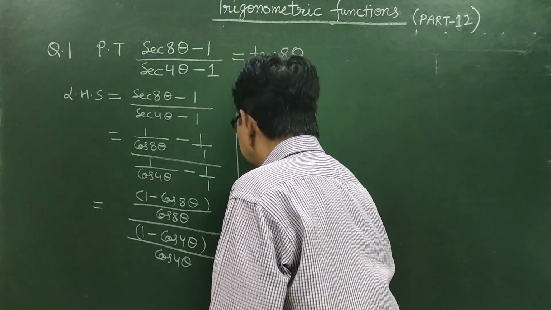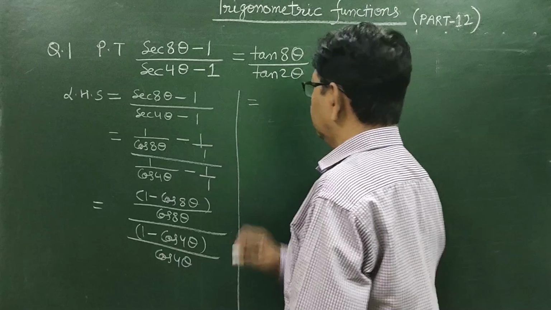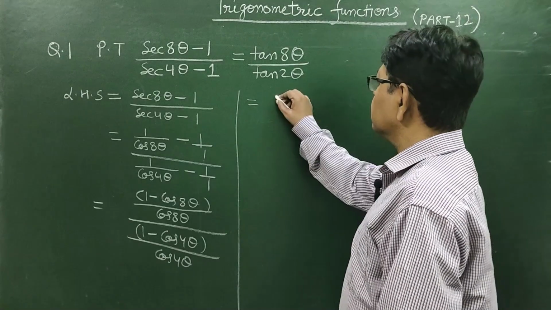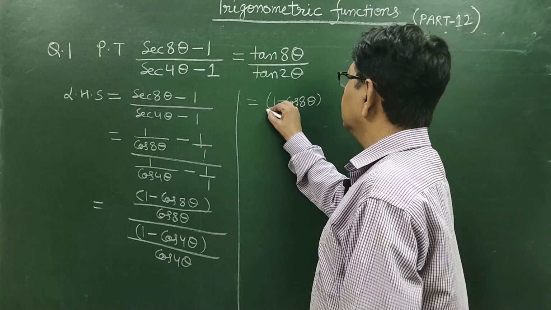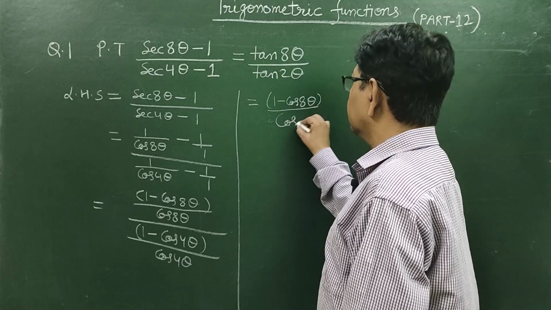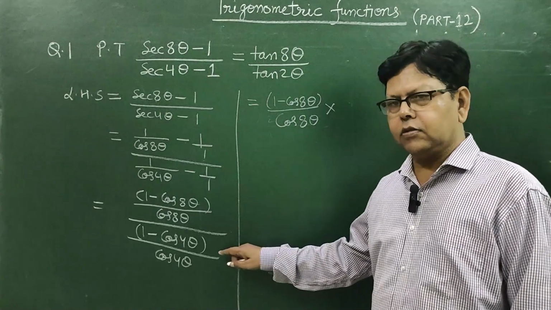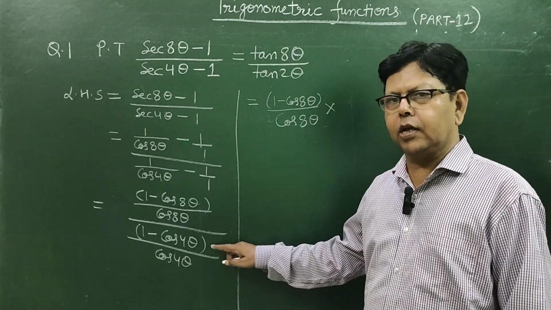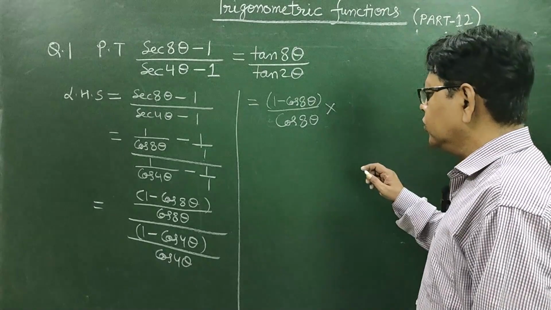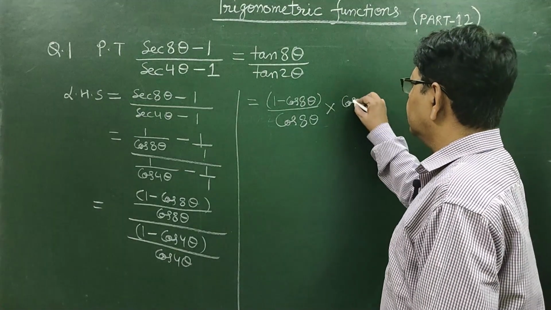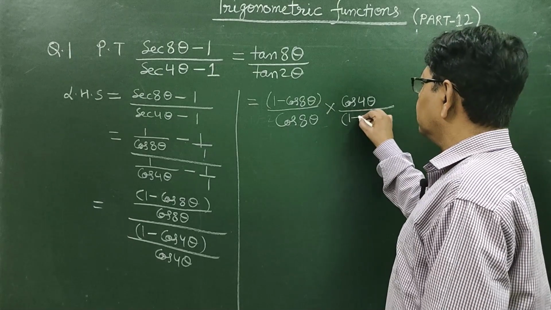Now this is equal to (1 − cos 8θ) upon cos 8θ, and we take the reciprocal of the denominator and multiply, so into cos 4θ upon (1 − cos 4θ).